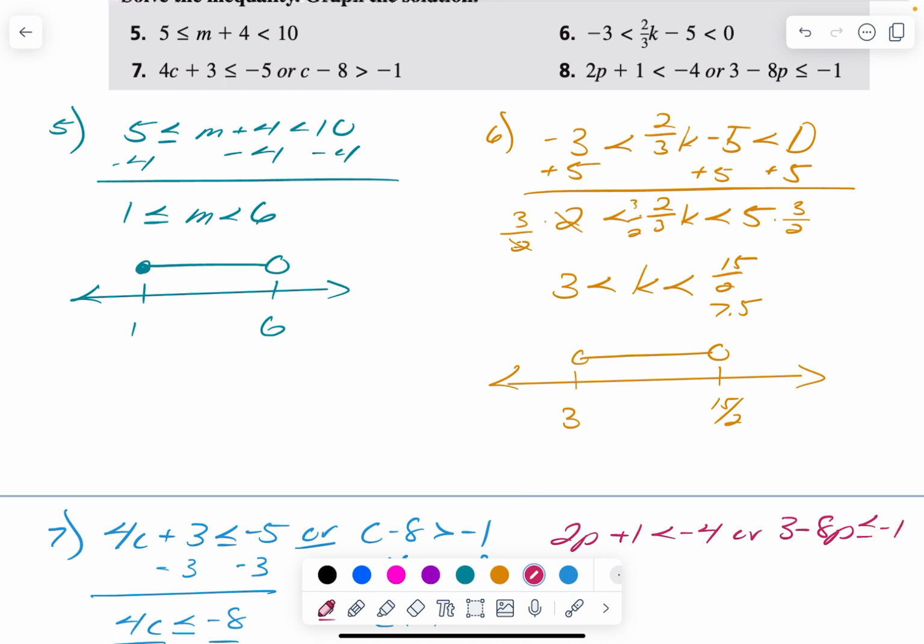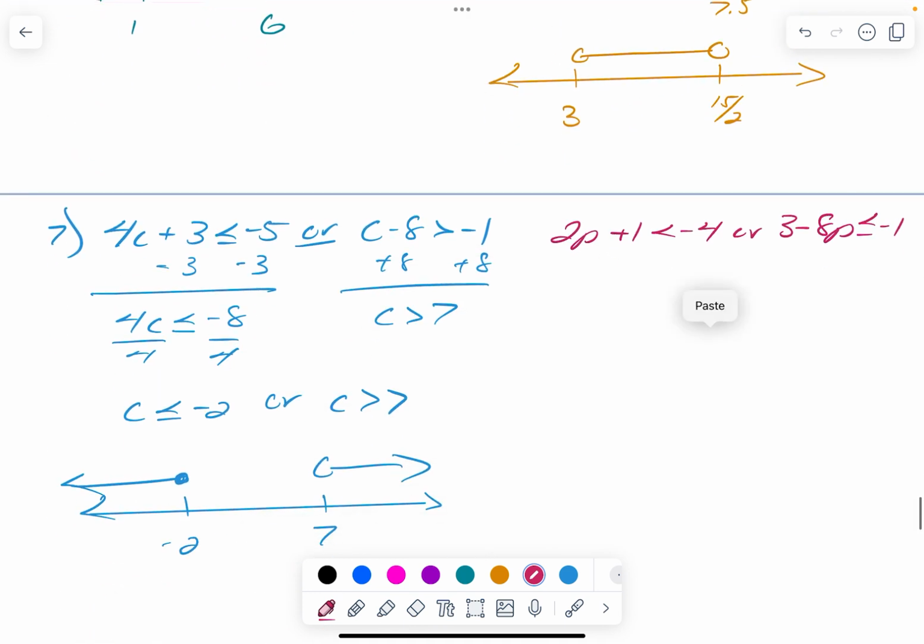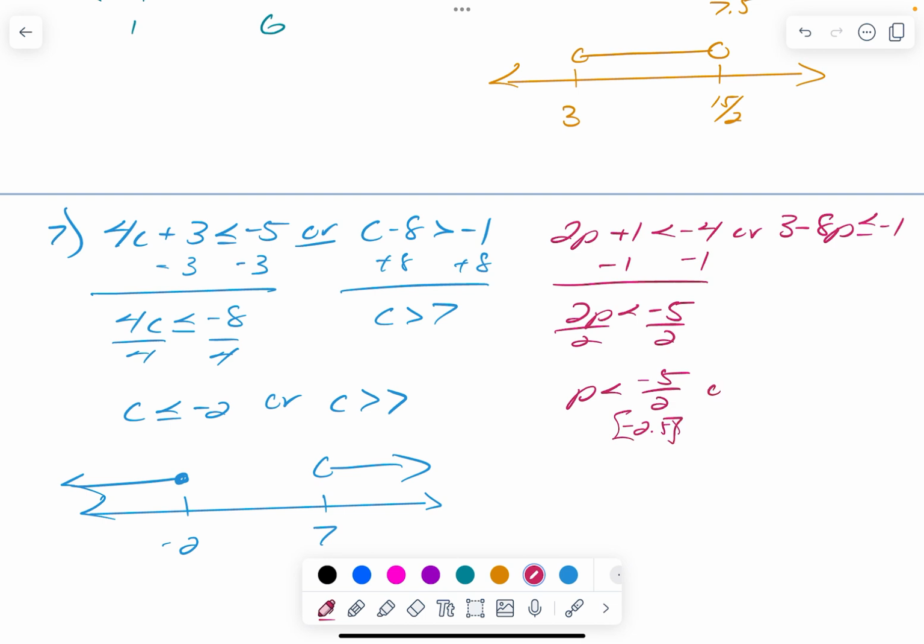And finally, 8 looks like 2p plus 1 less than -4, or 3 minus 8p less than or equal to -1. All right, so subtract 1: 2p less than -5, so p less than -5 halves, or -2.5. And then, or, subtract 3: -8p less than or equal to -4.